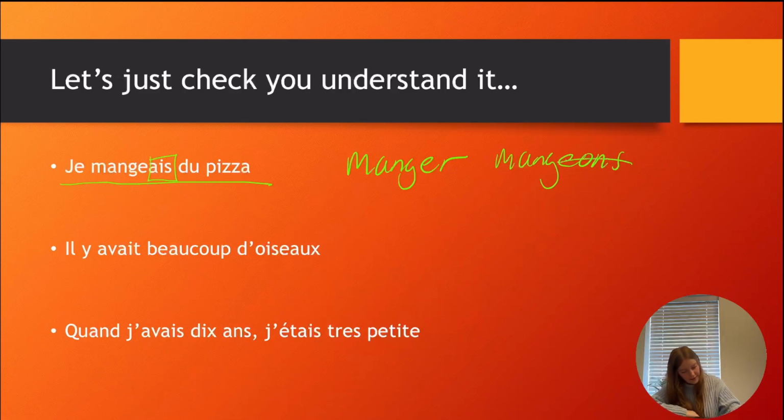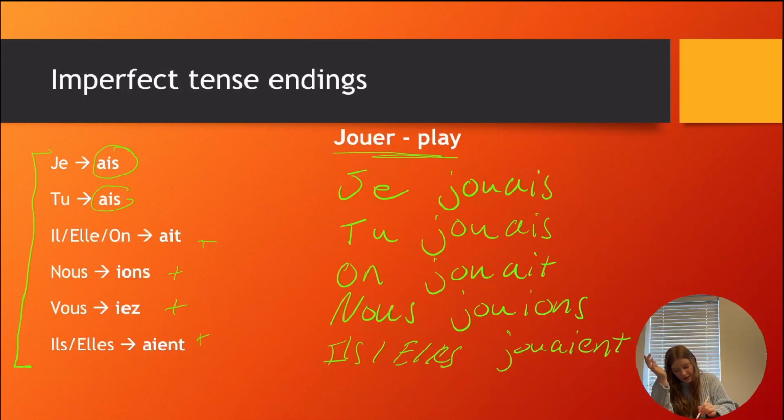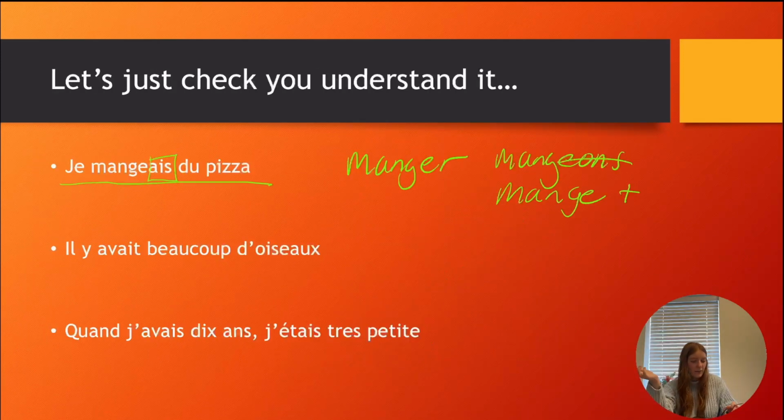We've taken off that ending, and now we've just got mange, right? And we've added the je imperfect tense ending. We've added the AIS, because that's the ending that goes with the je pronoun. Add AIS, and we've got je mangeais, okay?